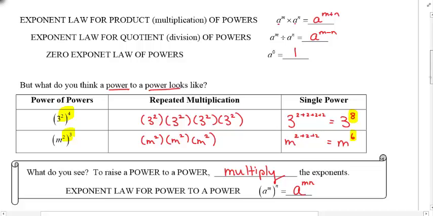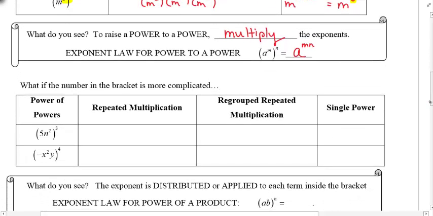Okay? Now, what if the number in the bracket is more complicated? So now I've got not just a number, but I'm multiplying it by something else, like a letter. So once again, we can do the same thing. 5n squared cubed just means 5n squared multiplied by itself 3 times. Now here, I'd like you to regroup the repeated multiplication.